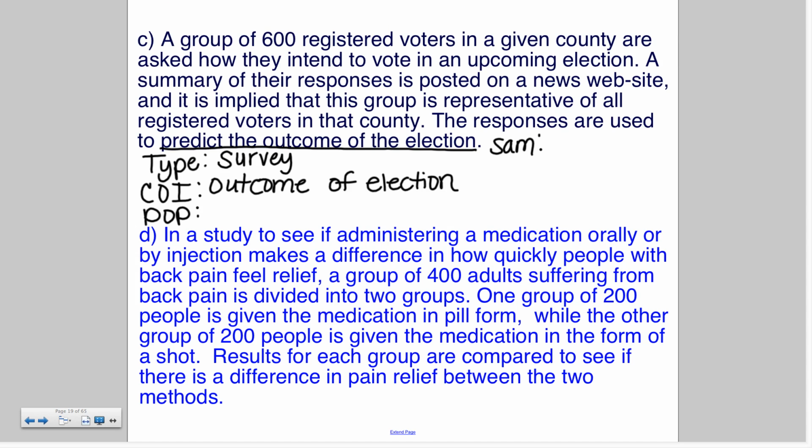They're wanting to know how people intend to vote. So, my population is registered voters. Then my sample size is what I took out of that population. And if you look, 600 of them. So 600 registered voters.